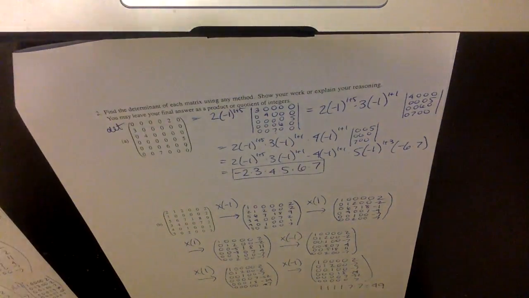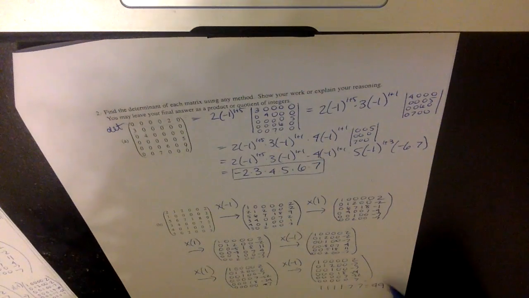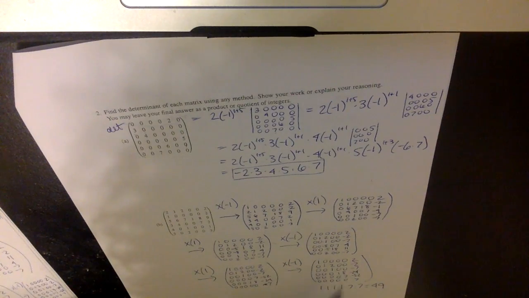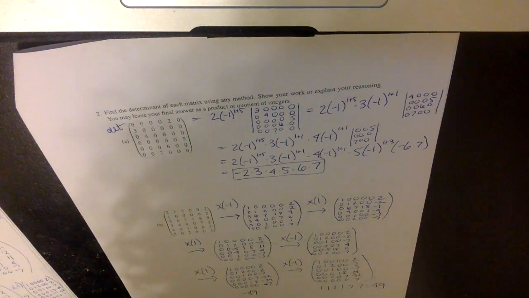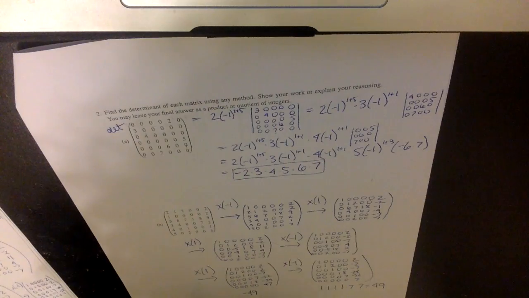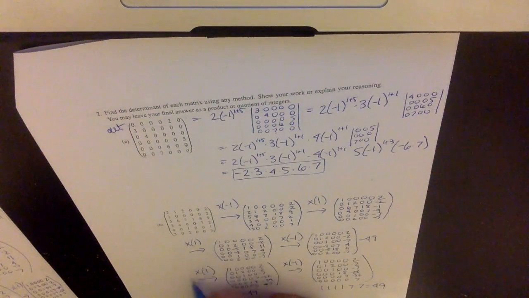Now let's work backwards and see what the determinant of this matrix was. The determinant of this matrix was 49. So the determinant of this matrix must have been minus 49, since minus 49 times negative 1 is 49. So this matrix has determinant negative 49. It's unchanged here.